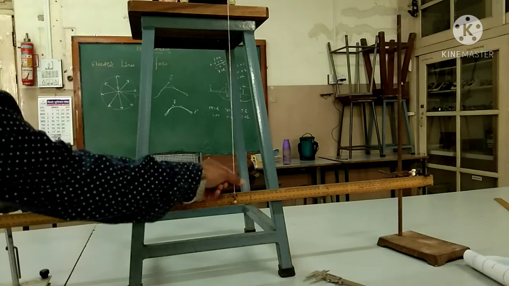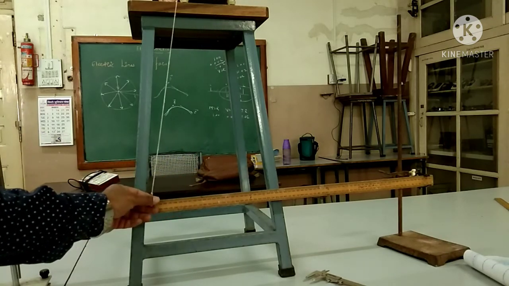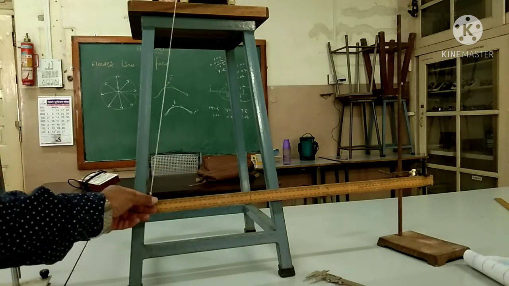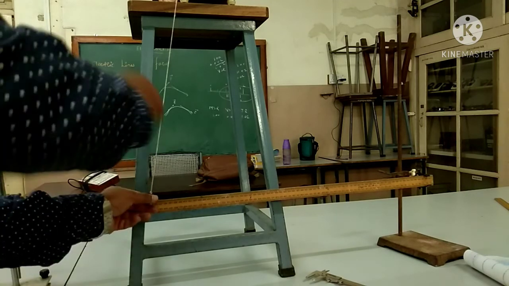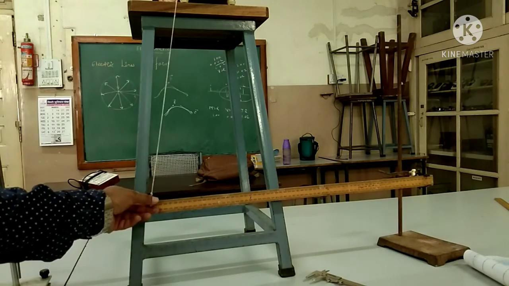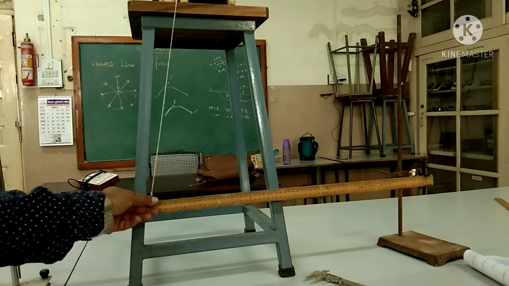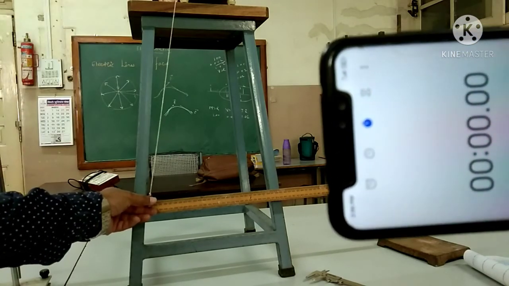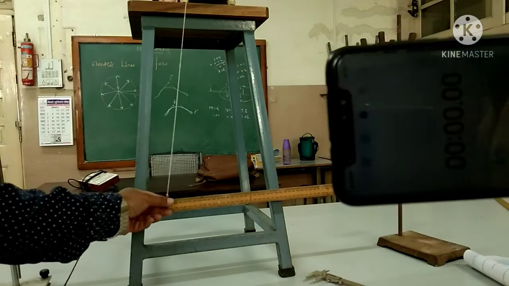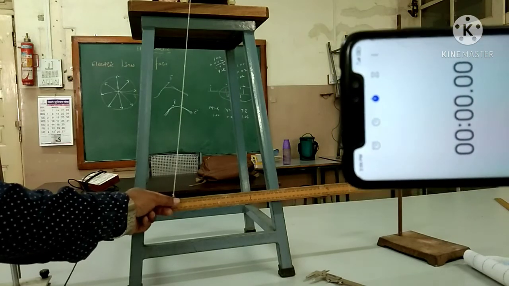Now, we want to measure the time for 20 oscillations when the length of the string is 1 meter, that is 100 centimeter. See, initial time is 0, right? Now we want to start the oscillation.